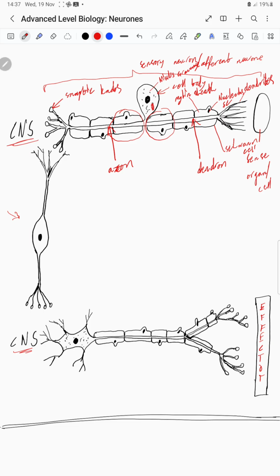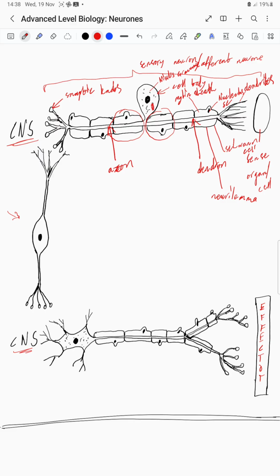After the myelin sheath, we now have the neurolemma. It's on the outside, on the membrane, because it's on the edge. This is the neurolemma. So this is our cell.